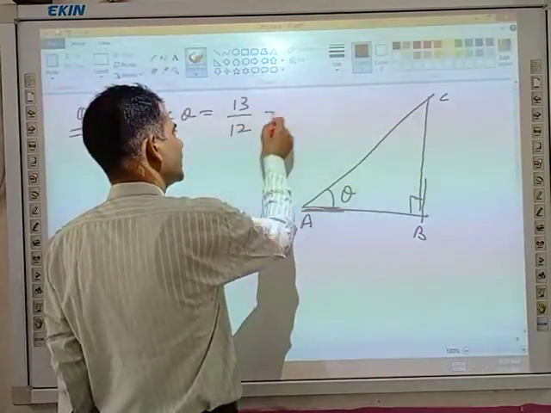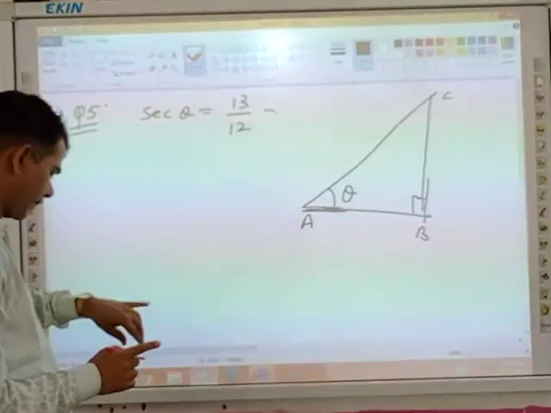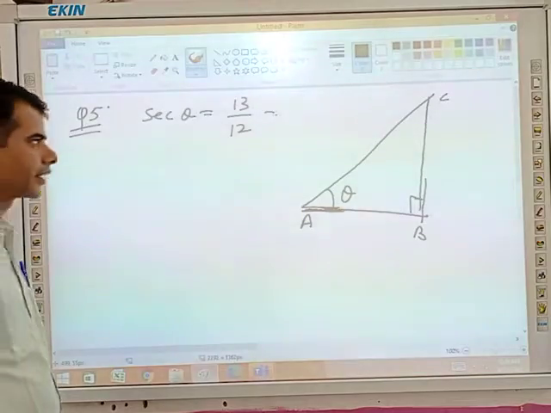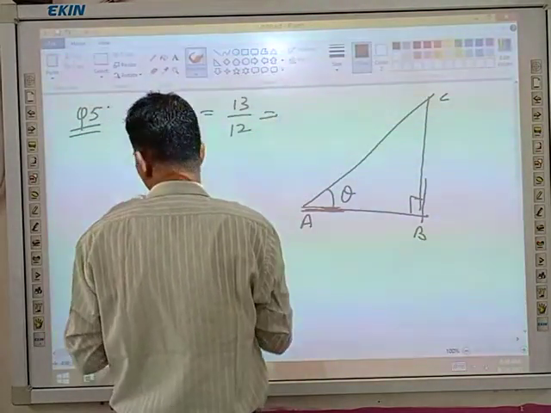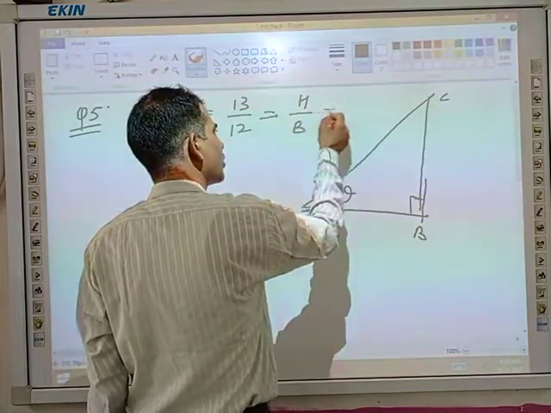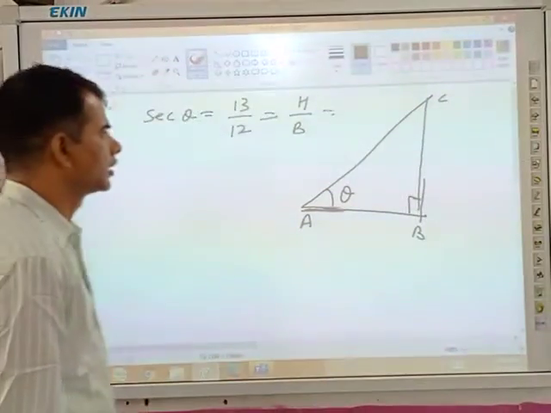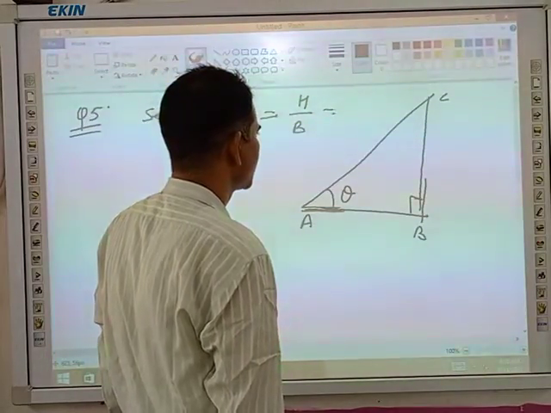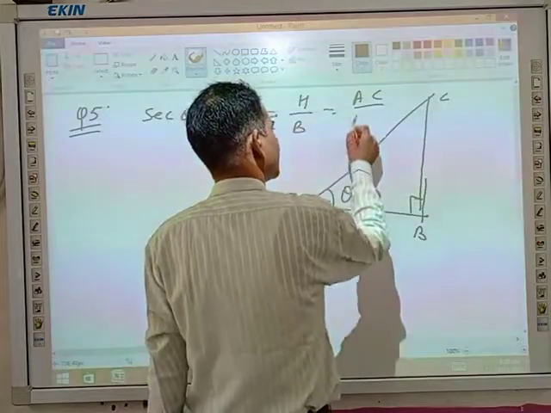So what is sec theta? Sec theta is the reciprocal of cos theta, and cos theta is base upon hypotenuse, so it becomes hypotenuse upon base. Am I right or wrong? Your hypotenuse is AC and your base is AB.